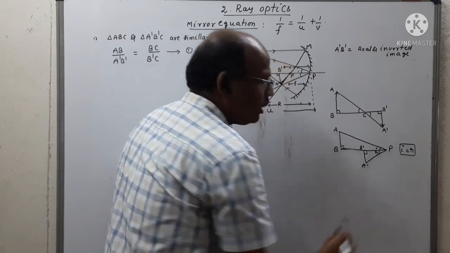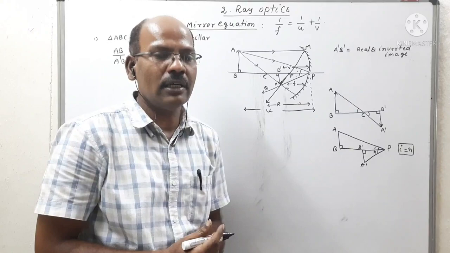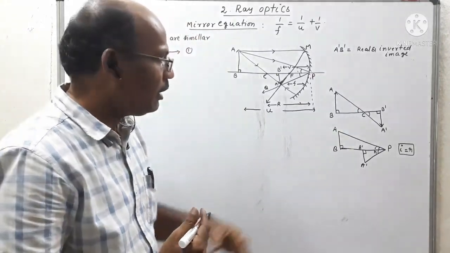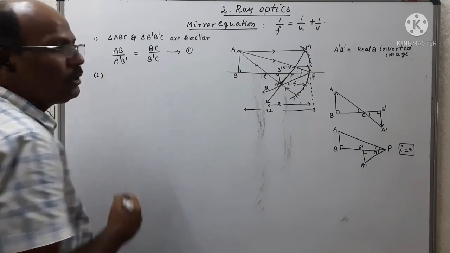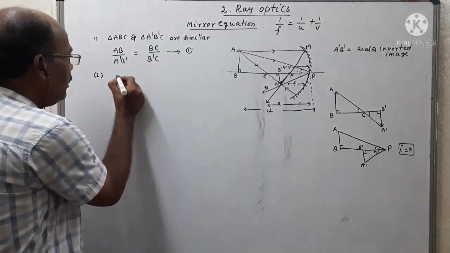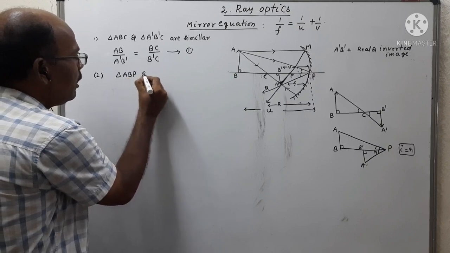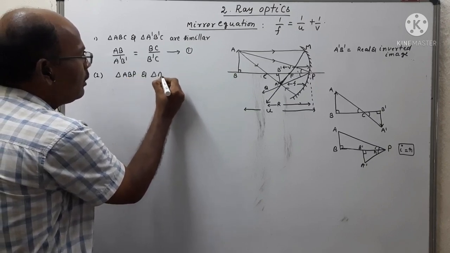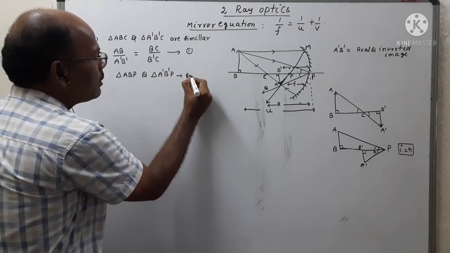These two angles are equal. Again, by angle-angle, the two triangles are said to be similar. Then we can take the second similarity of the two triangles: triangle ABP and triangle A dash, B dash, P are similar.